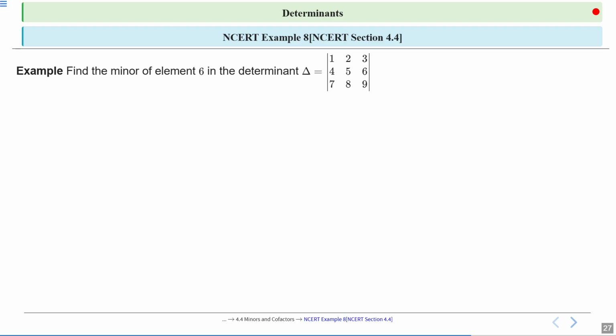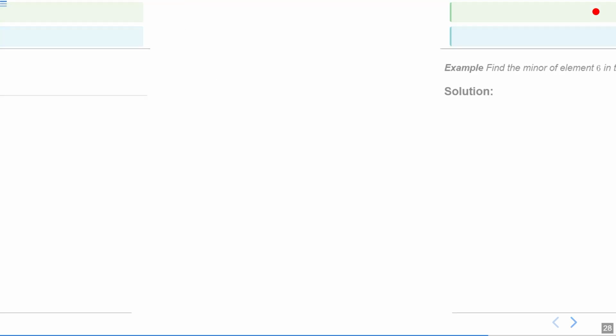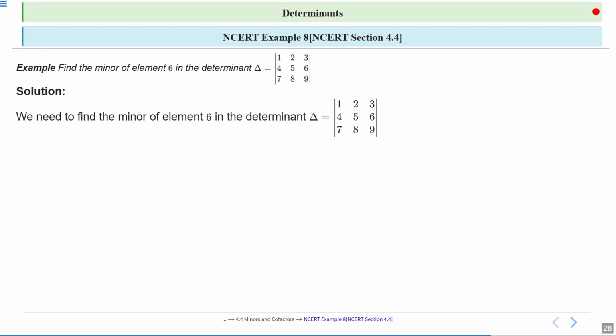In this question, we have to find the minor of element 6 in the determinant 1, 2, 3, 4, 5, 6, 7, 8, 9. 6 is present in the second row and third column, so its indices are 2, 3.